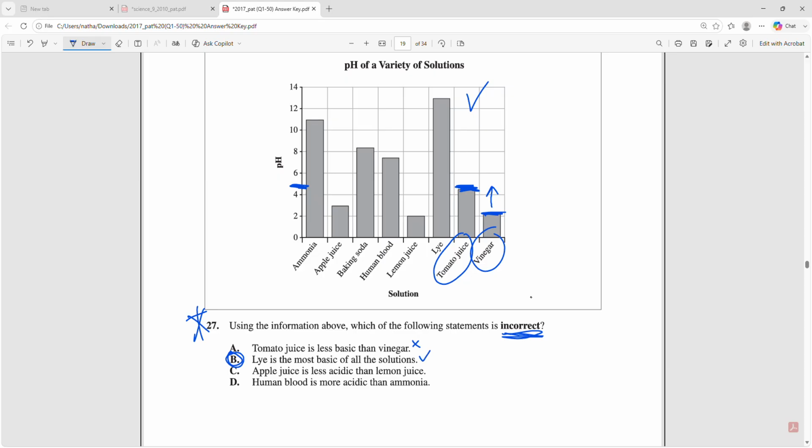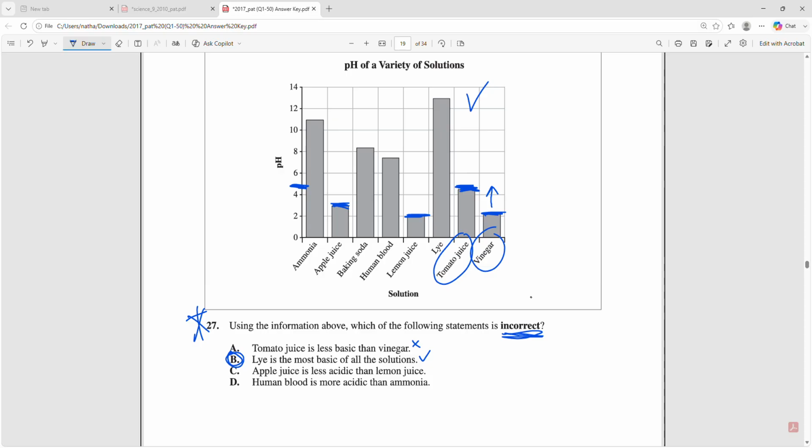B, that is a correct statement. Apple juice is less acidic than lemon juice. Apple juice, lemon juice. Apple juice is less acidic than lemon juice.